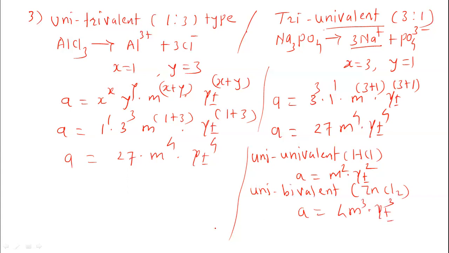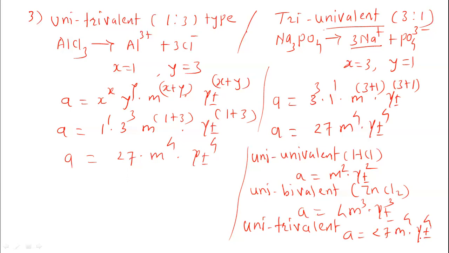The similar equation holds for the biunivalent type of the electrolyte. And the last one is unitrivalent or triunivalent type of the electrolyte. The expression for the electrolyte activity a is equal to 27 multiplied by m raised to 4 into gamma plus minus raised to 4.